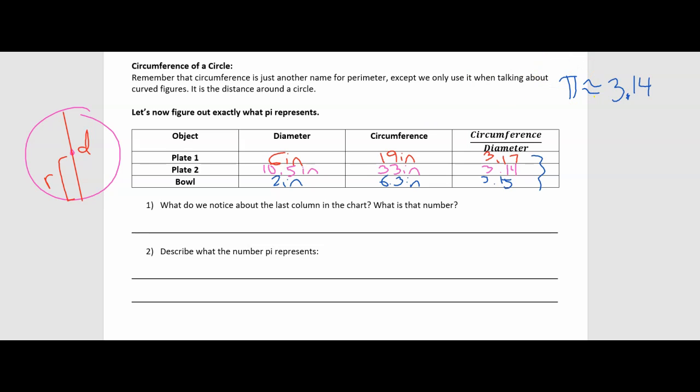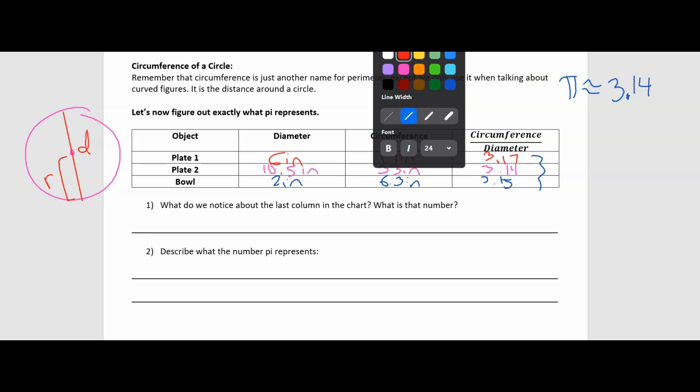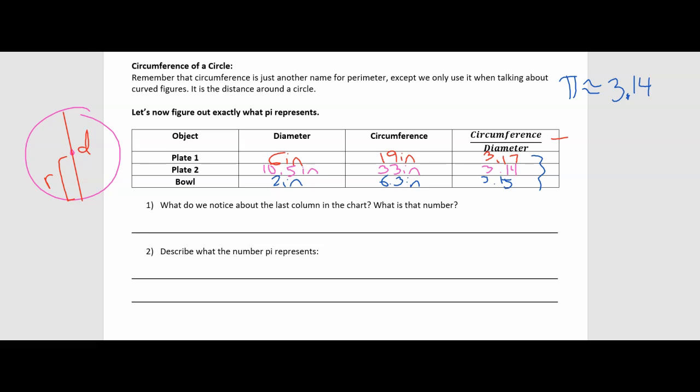And this actually leads into what the formula for the circumference of a circle is. If this relationship is always equal to pi, well, if I multiply both sides by the diameter, I get circumference is equal to pi times the diameter. And that is one formula for the circumference of a circle. Another one, because we know that diameter is equal to 2 radii, we get pi times 2r.